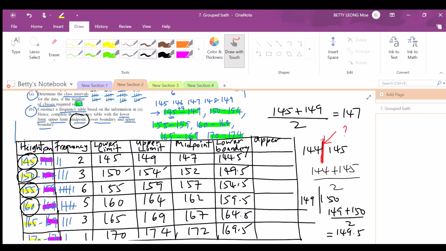Okay, for the upper boundary, you look at the upper number for each class.